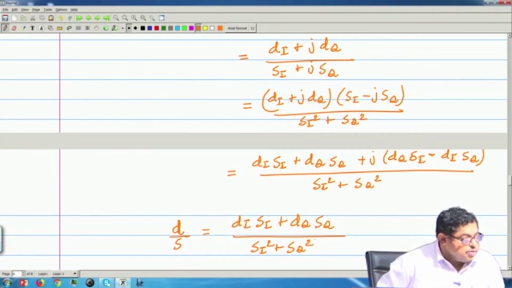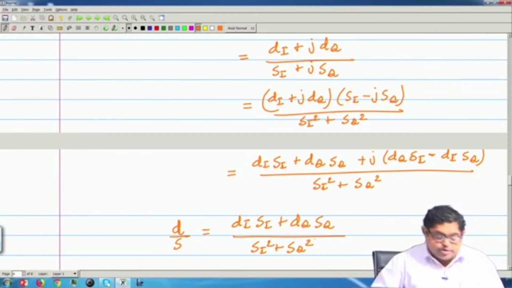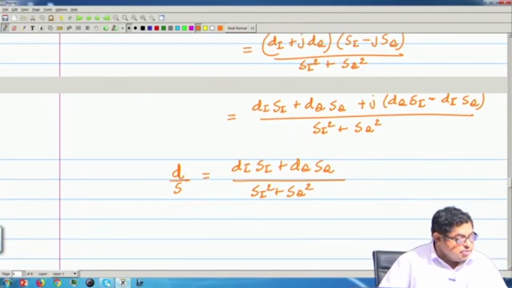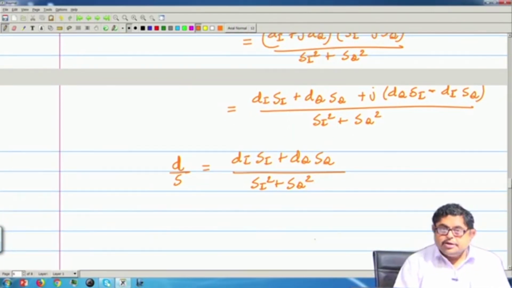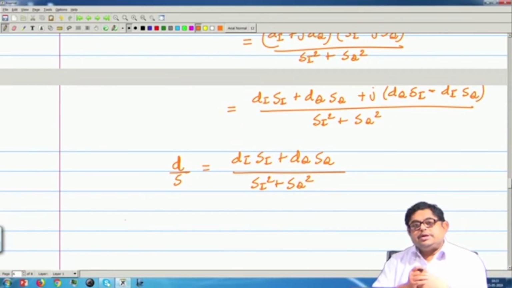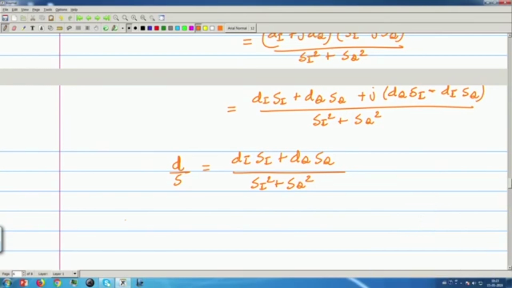Now, we will prove in the next class, and we will start with this, that we are not permitted to throw away the imaginary part before we finish our processing, suppose LO is less than the RF frequency. We are interested in the real part, but we cannot throw away the imaginary part. That we will prove mathematically.